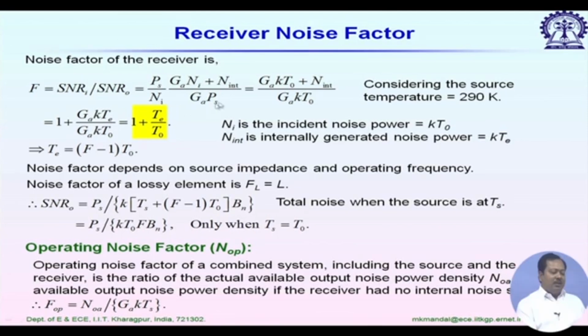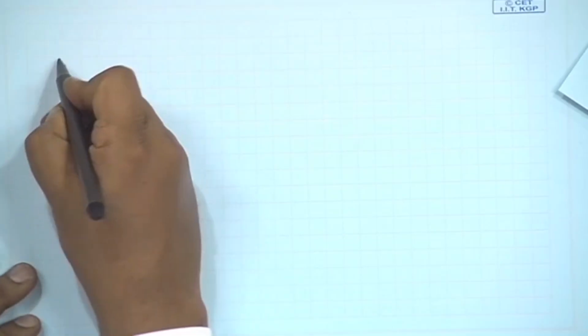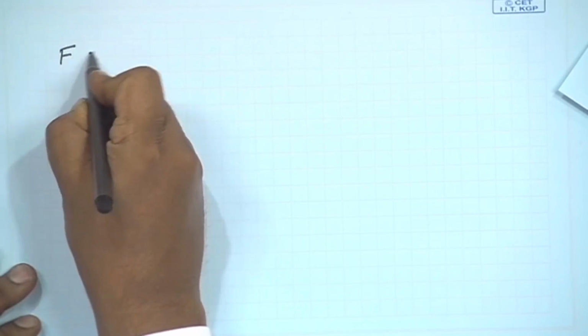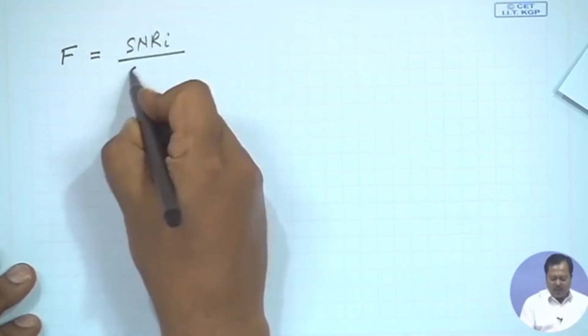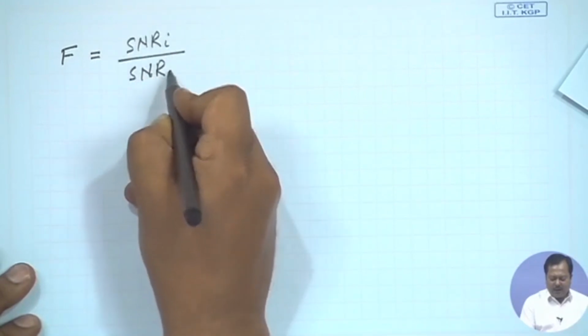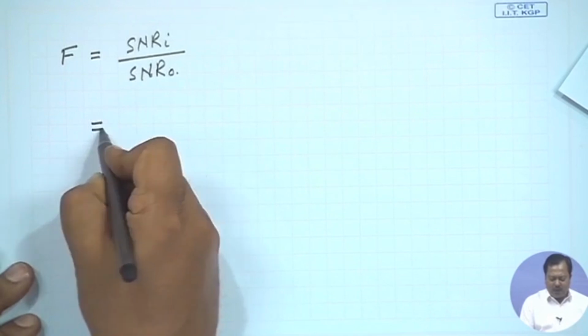For a given system, let me express this mathematically. The noise factor F is equal to the SNR at the input terminal divided by the SNR at the output terminal.